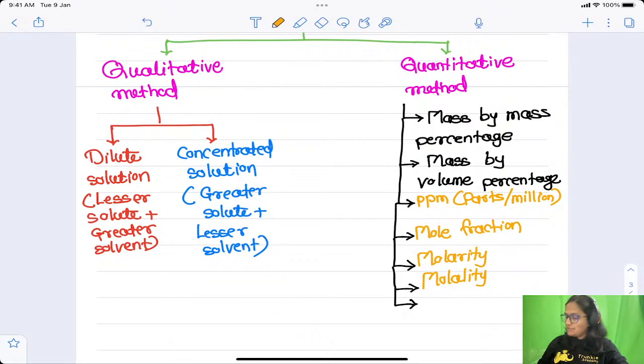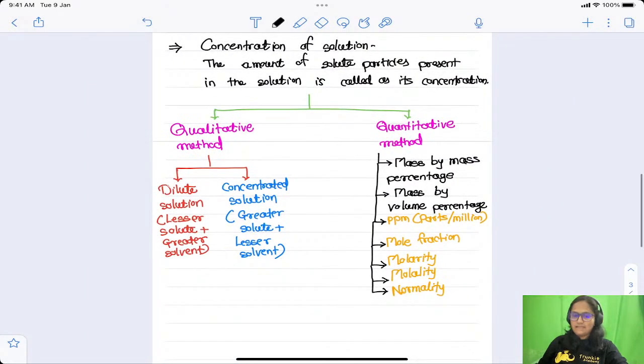See the spelling difference, there is only one difference, R and L. Okay, and then next is normality. All these concentration terms which I have written in orange color need not be discussed in today's session. We are going to discuss them in the next session.